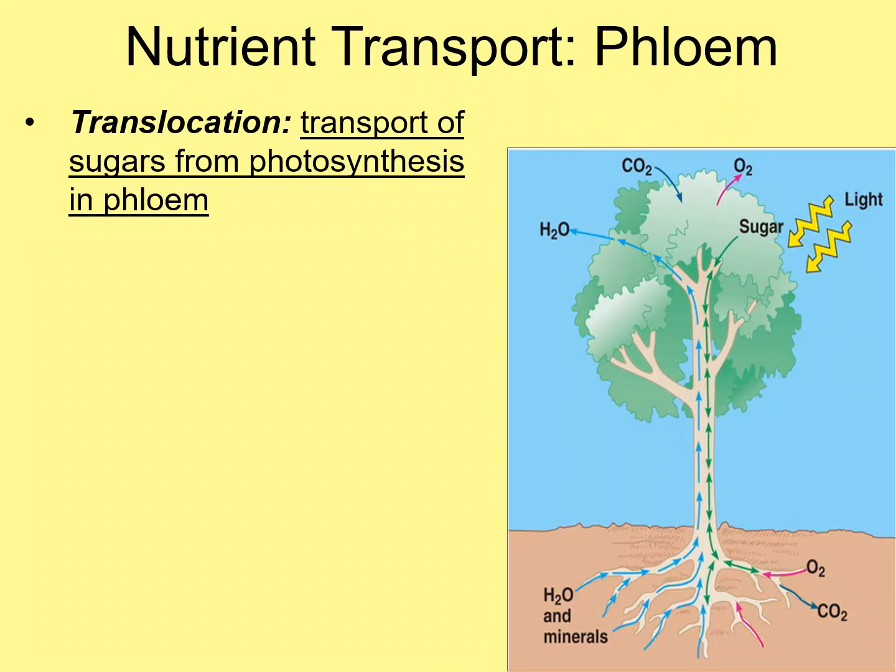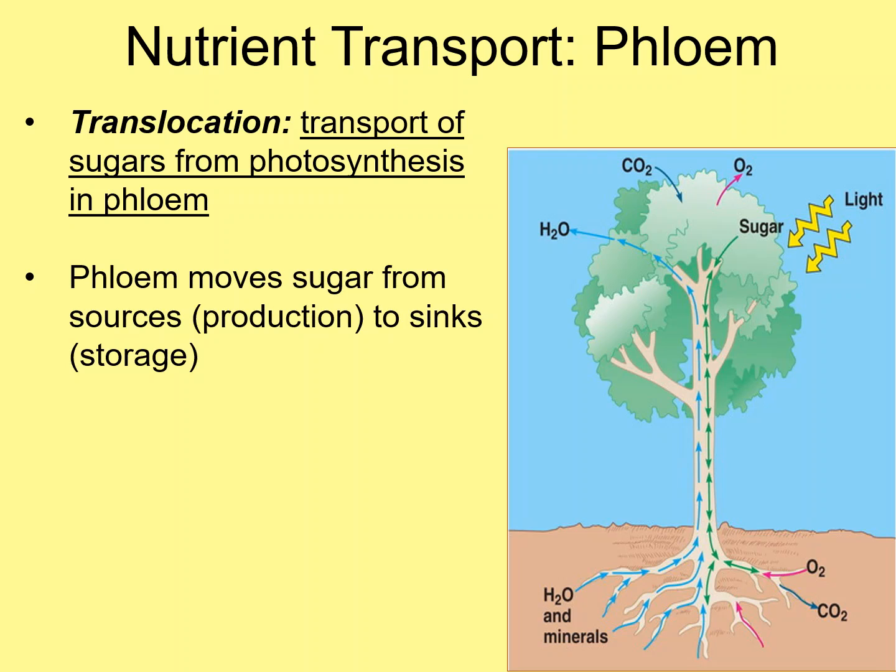Okay, so a little bit different from transpiration is translocation. So basically just moving things around. And this is what's going on with phloem. This is what I was talking about earlier, when you have essentially supply and demand. Most of the time you have more sugar being produced in the leaves than the leaves need at night to do cellular respiration.